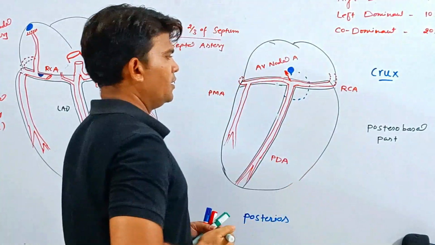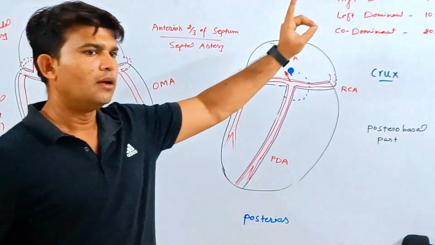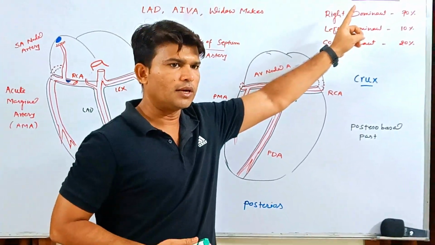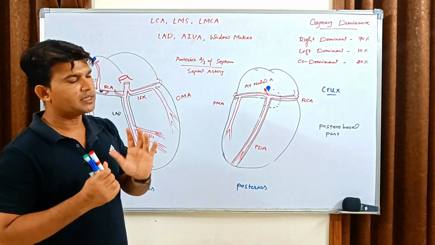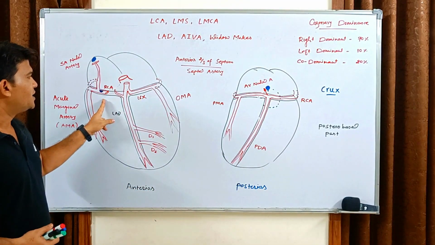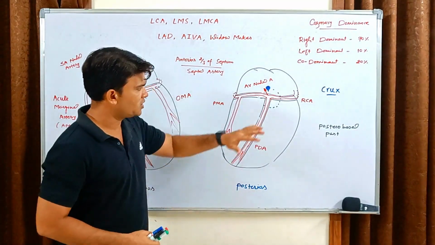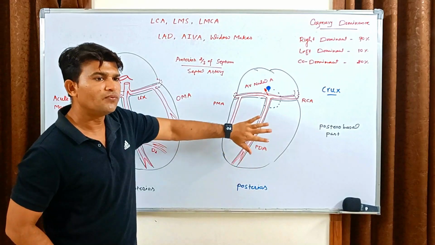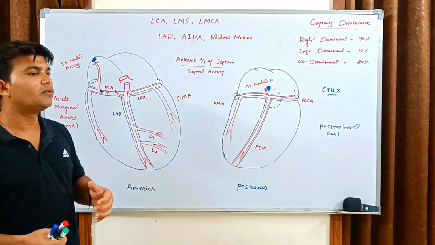As we discussed, we have a right dominant heart, so I will discuss according to that. If the RCA is blocked, then myocardial infarction is generally posterobasal or inferior wall MI.